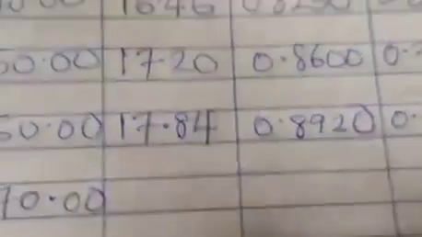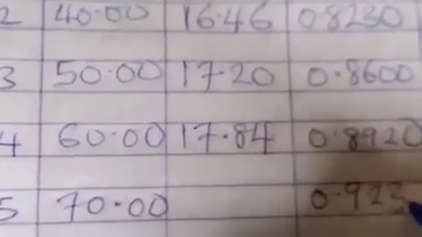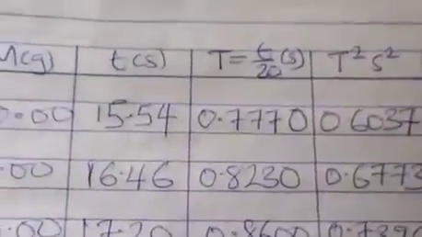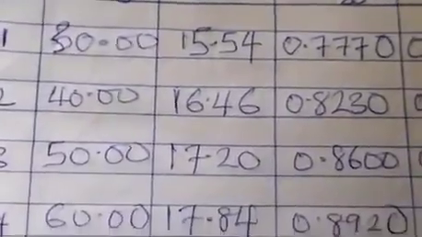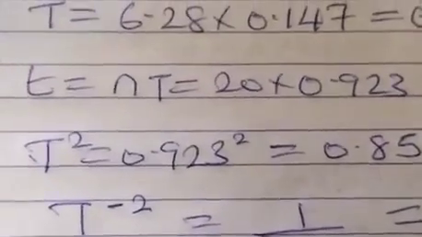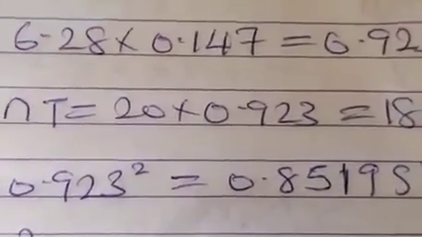We have a period at 0.923. So report our period as 0.923 to 4 SF.